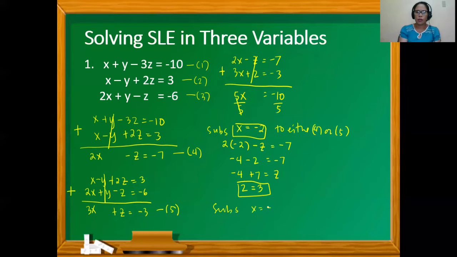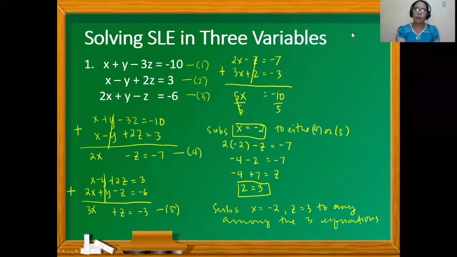So we will now substitute x equals negative 2, z equals 3 to any among the original three equations. If we're going to consider equation 1, for example, we have x plus y minus 3z equals negative 10.